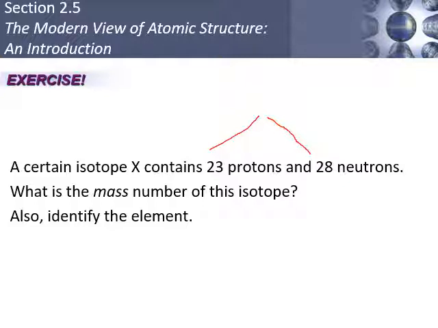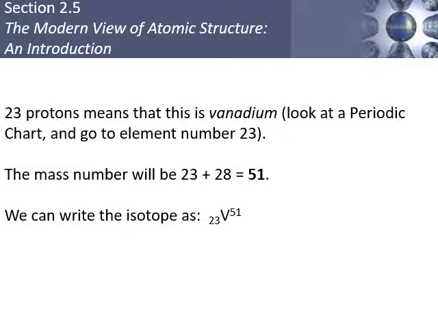And then to identify the element, we go by just the number of protons, so whatever has atomic number 23. Let's go to the next slide. If we look at the chart, we come across to 23 for the Z number and see that it is vanadium. Next slide.